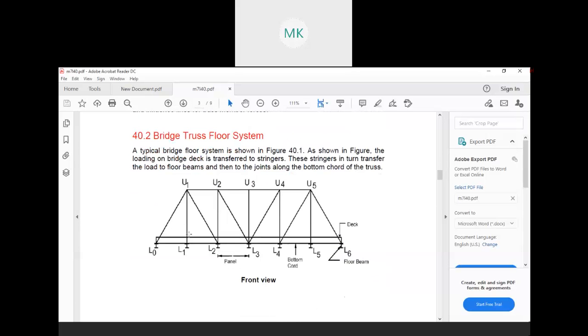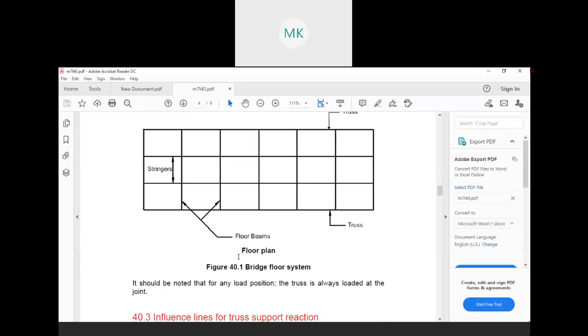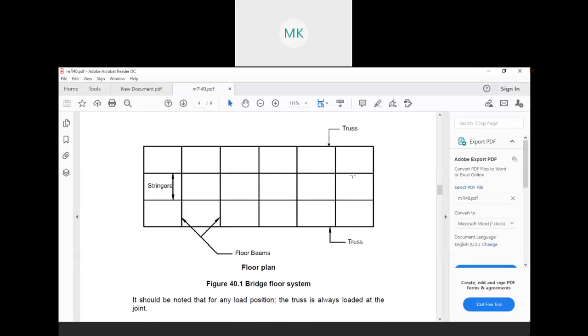Here you see a typical cross section, a typical truss, is given. The lower joints are named L0, L1 and so on, and the upper ones U1, U2, U3, U4 and U5. This is the front view of a truss, and this is the floor plan, how it looks.